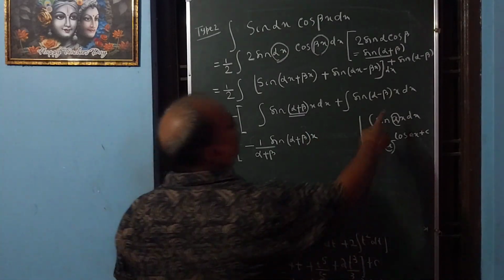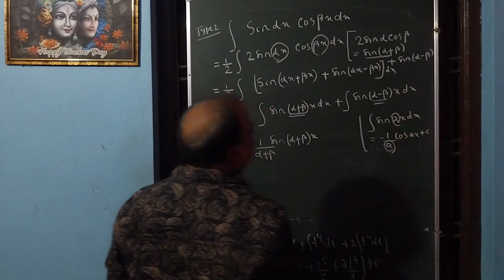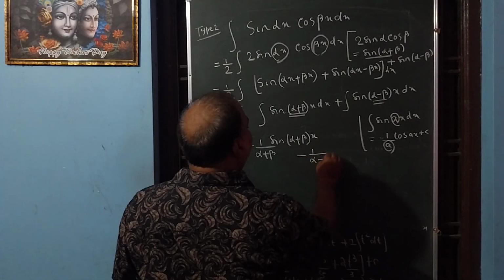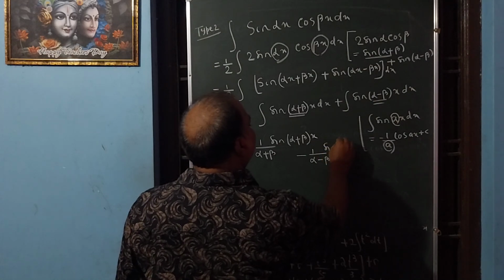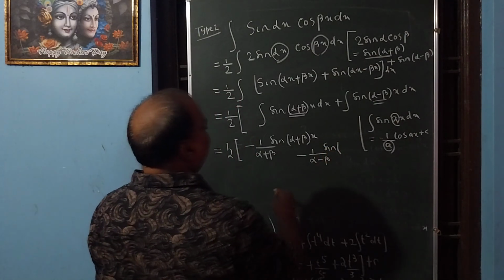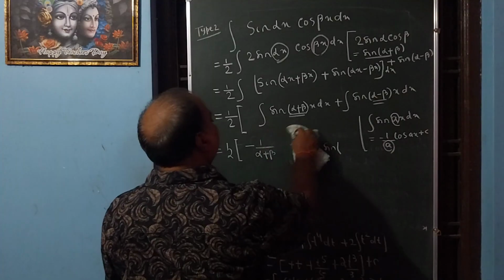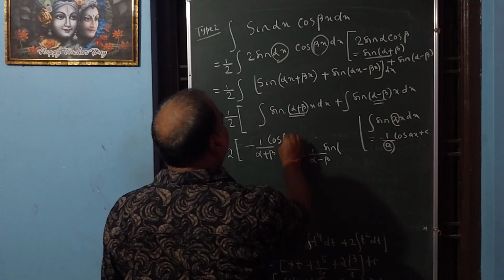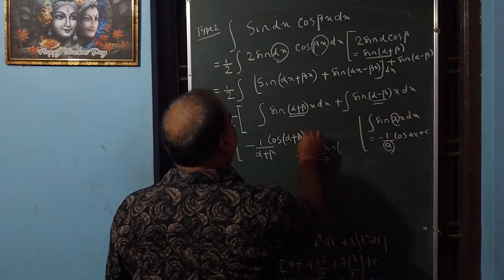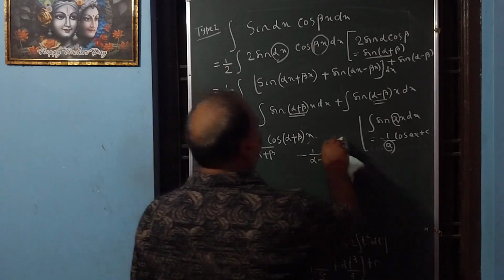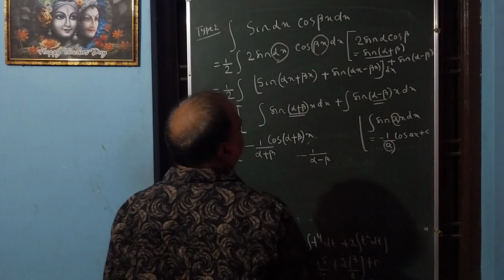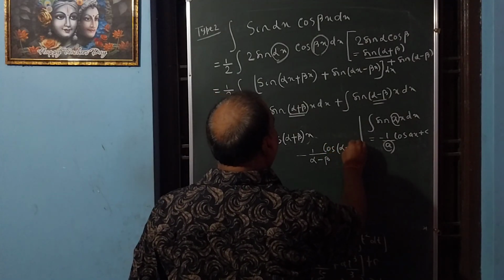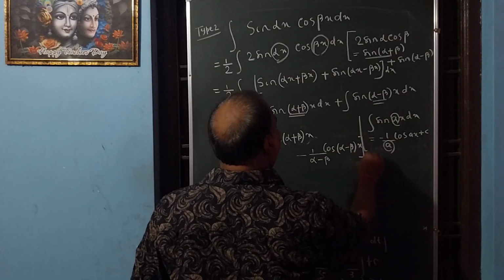Here you see the coefficient of x is alpha minus beta. Then the integration will become minus 1 by (alpha minus beta) cos (alpha plus beta) into x. Here it is also minus 1 by (alpha minus beta) cos (alpha minus beta) into x plus c.